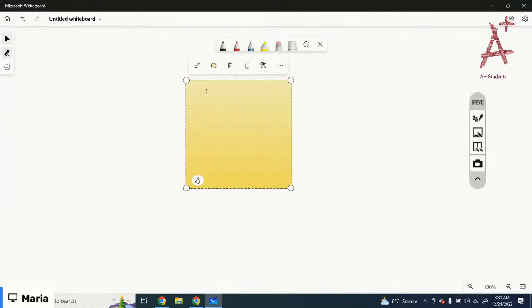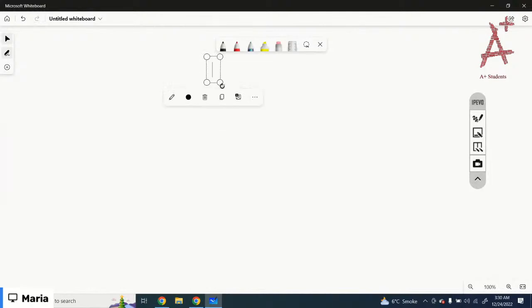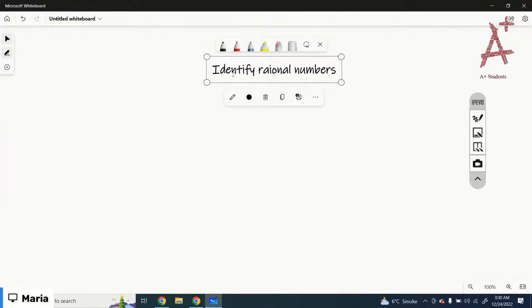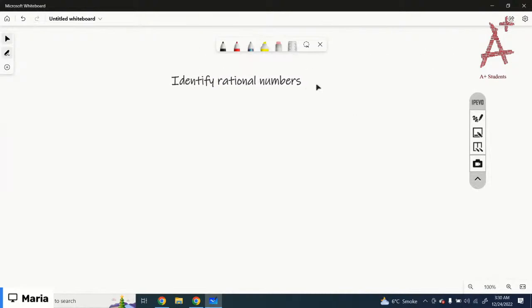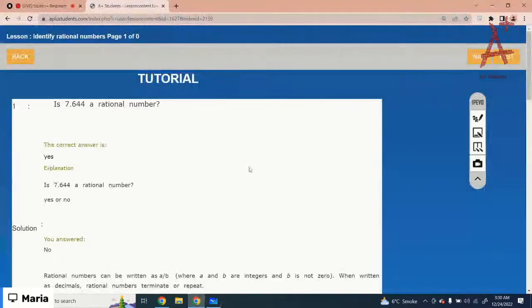The lesson name is identify rational numbers.